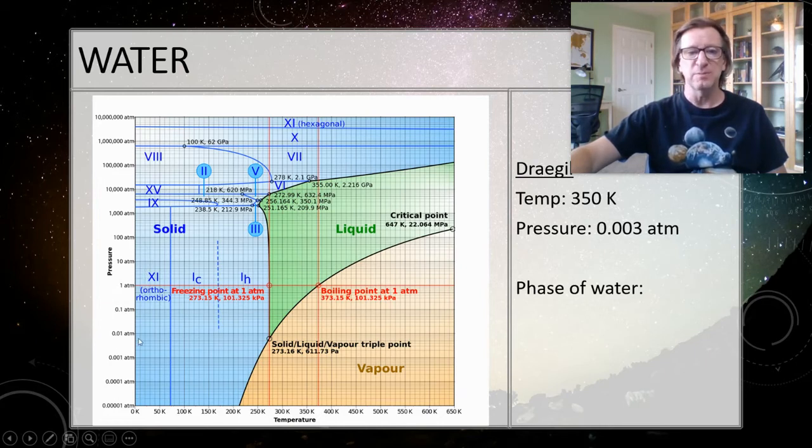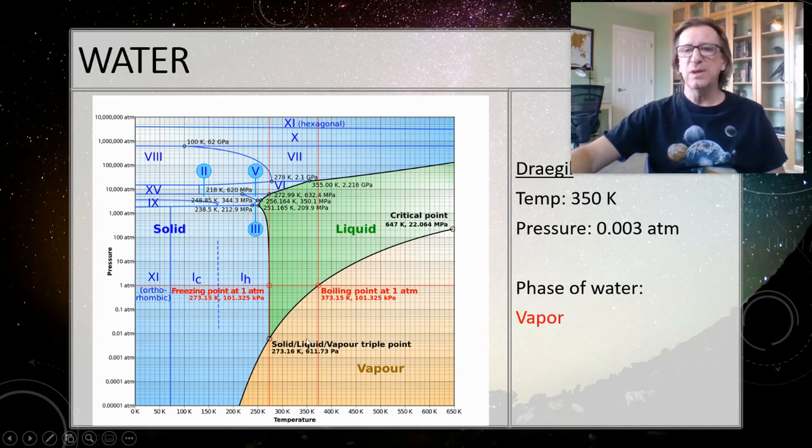Okay, so it's a logarithmic scale. So 0.003, this is 0.001, so 0.003 is going to be right about here. You need to read this very precisely because sometimes it's going to be kind of right on the border, and you can get it wrong if you're not being very careful with it. So this is 0.001, 0.002, 0.003. And when we come across to 350 degrees, where are we?